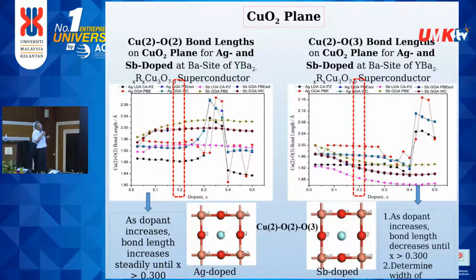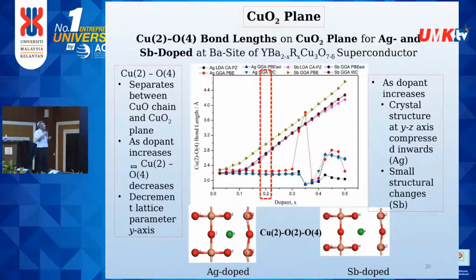All right, so in the CuO2 plane, for Cu2O4, bond lengths on the CuO2 plane for silver and antimony dope at barium sites, Cu2O4 separates the CuO chain and the CuO2 plane. As dopant increases, Cu2O4 decreases and shows a decrement in lattice parameter along the y-axis. Right? On the right side, as dopant increases, the crystal structure along the YZ axis compresses inwards, with small structural changes due to antimony.